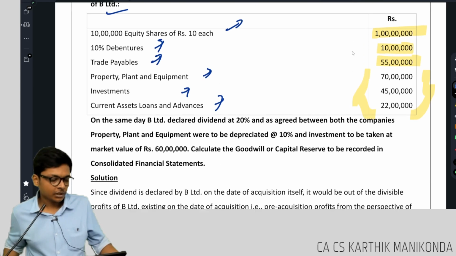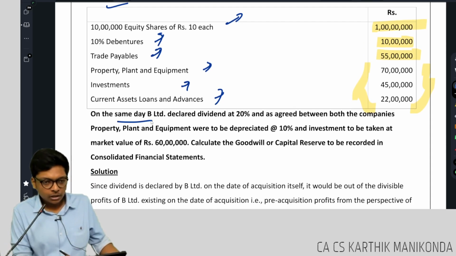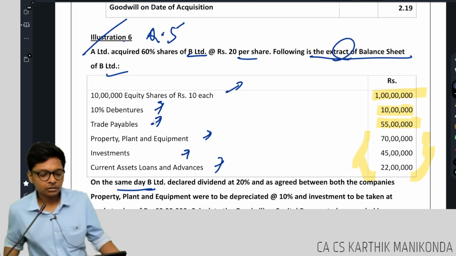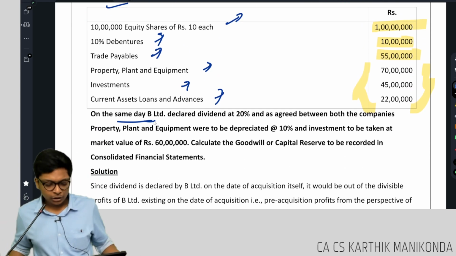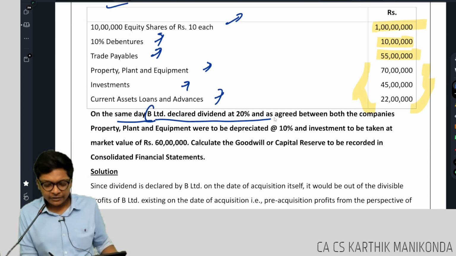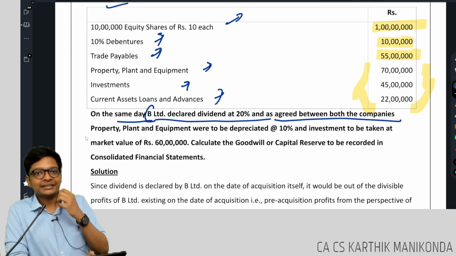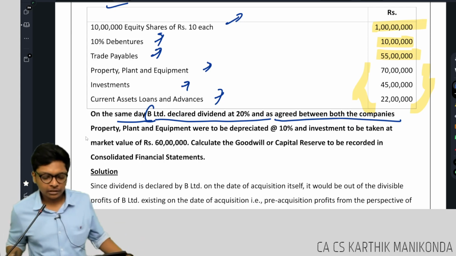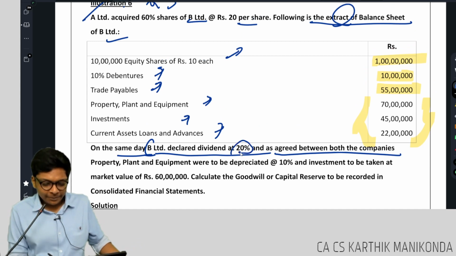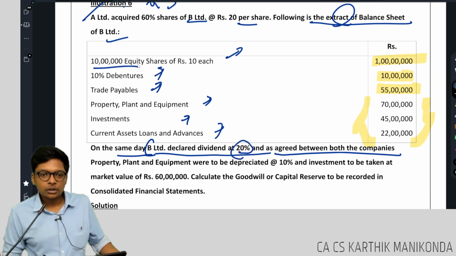Okay. Fine. On the same day, which day? Date of acquisition. B Limited declared a dividend of 20%, as agreed between both the companies. Pre or post acquisition dividend? Pre. That means dividend should be reduced from my cost of investment. How much is dividend? 20% of 1 crore.